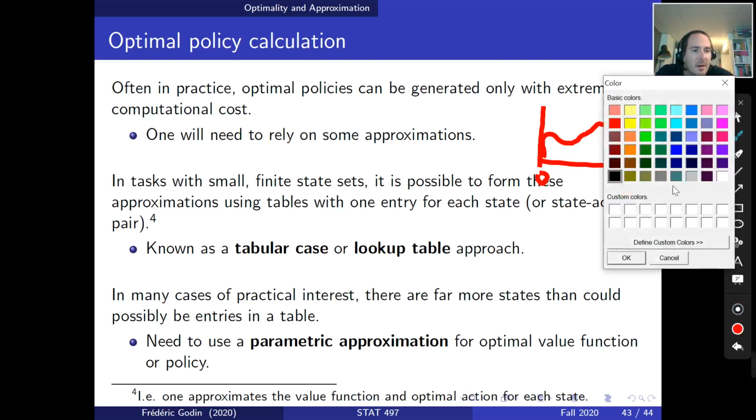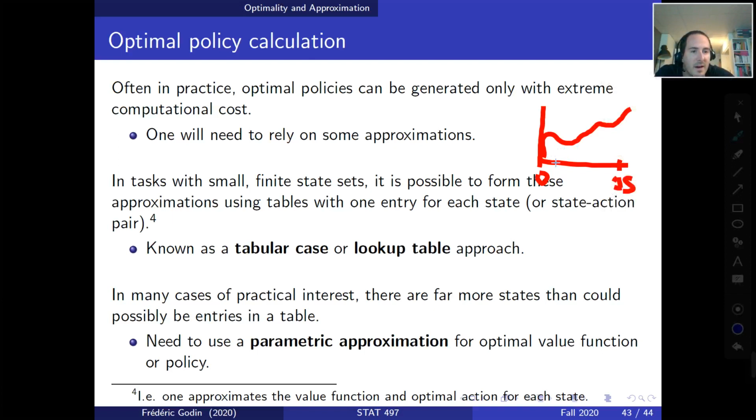But sometimes we could find suitable approximations. Here, maybe a straight line would be a sufficiently good approximation.